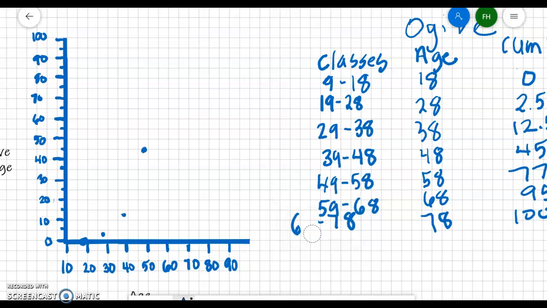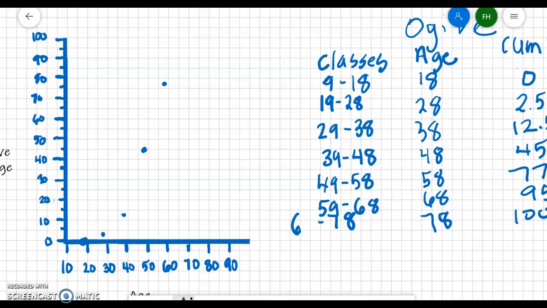Then 58, 77, so 58, and then go up to approximately 77. There's 70, here's 75, so 77 would be about right here.